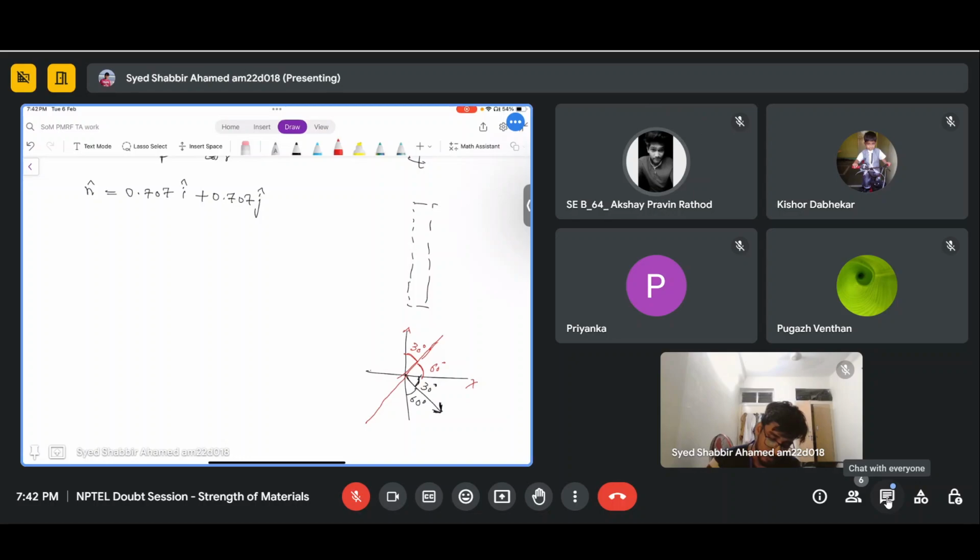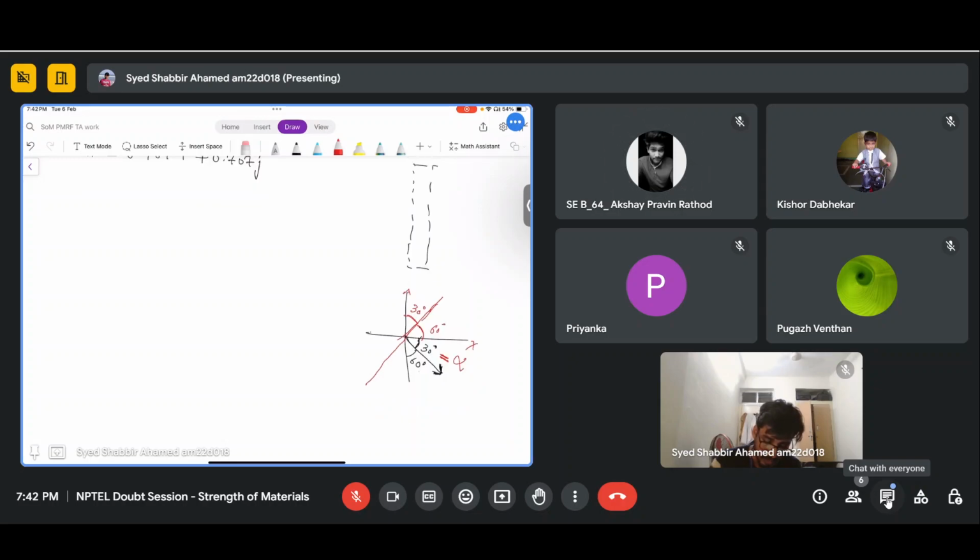Whatever angle the normal is making with the x-axis is alpha, and whatever angle the normal is making with the y-axis is beta. So the direction cosines are basically cos alpha and cos beta.